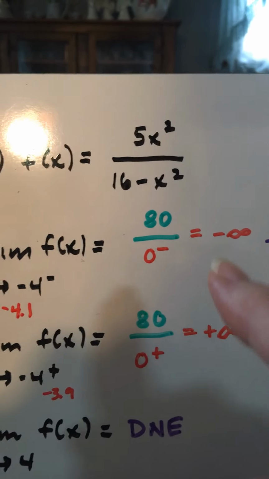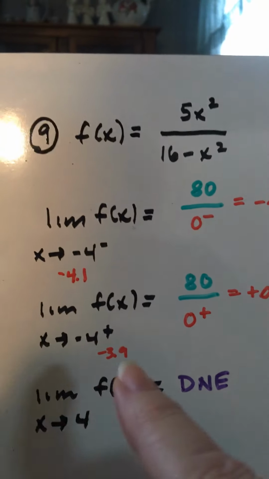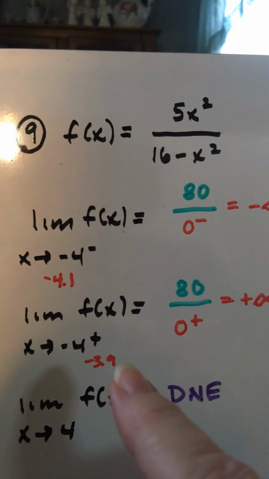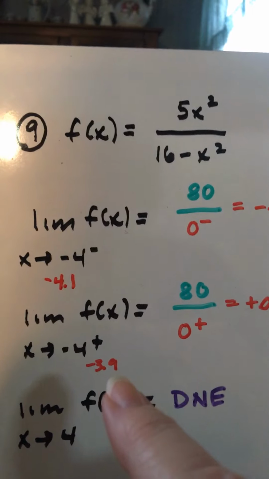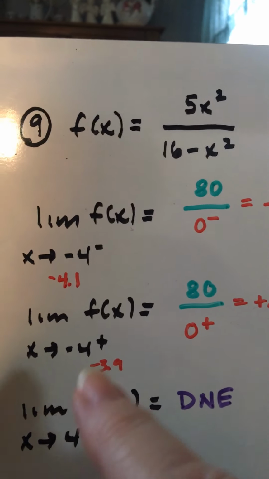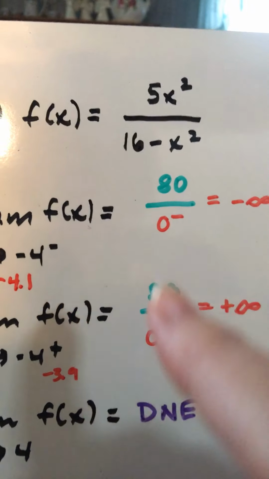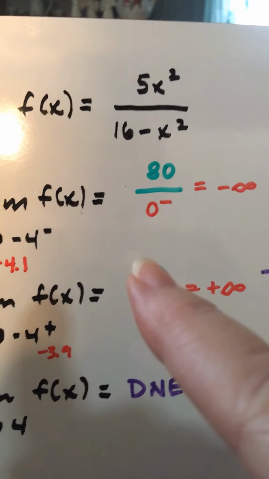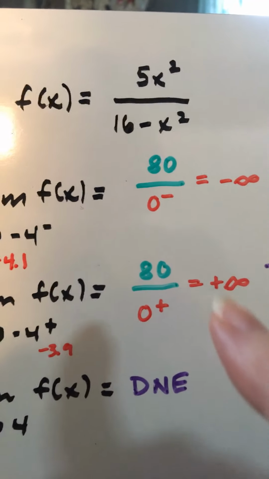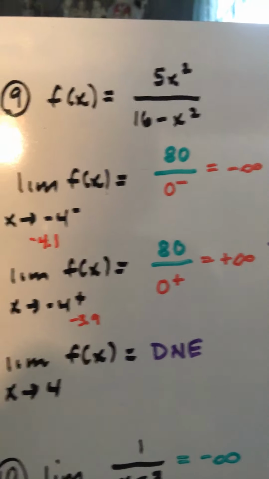Positive over negative is negative infinity. Negative 3.9. Well, 3.9 is smaller than 4, and when I square 3.9, it'll be smaller than 16. 16 minus something smaller is positive. Positive over positive is positive infinity. And so the final result is D and E.